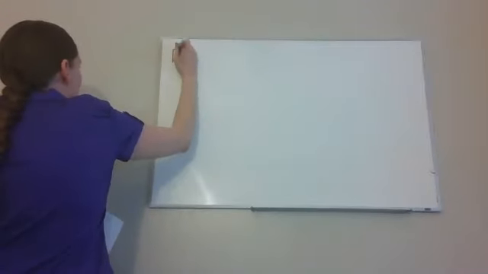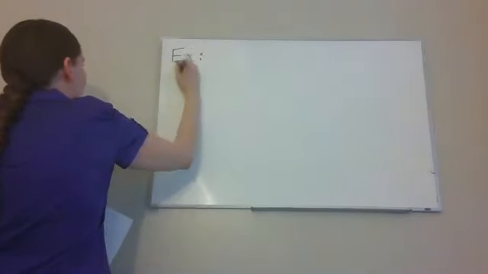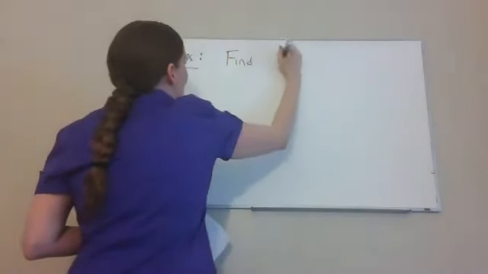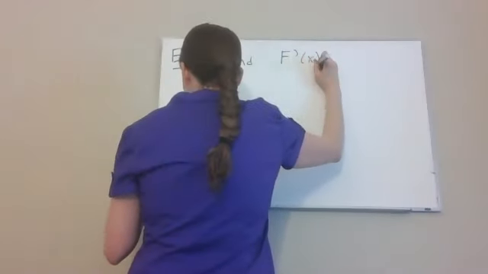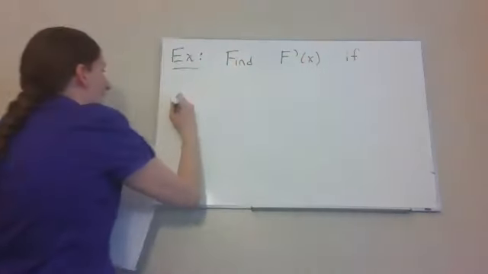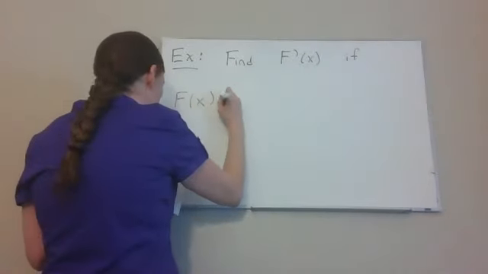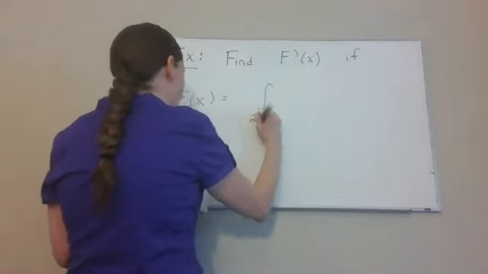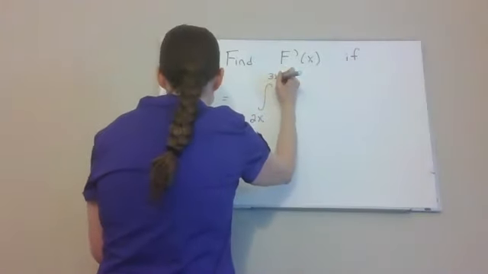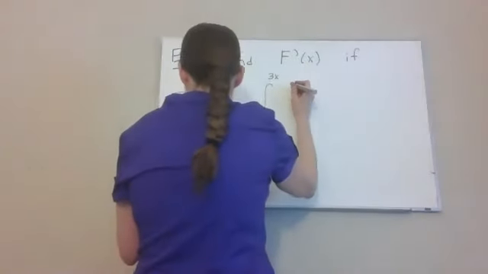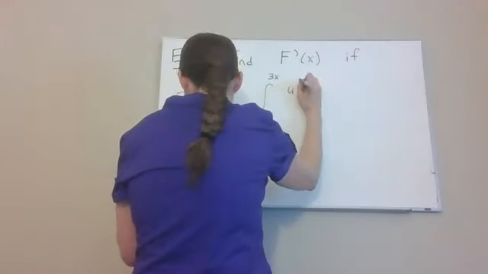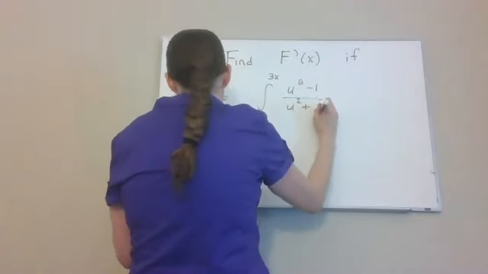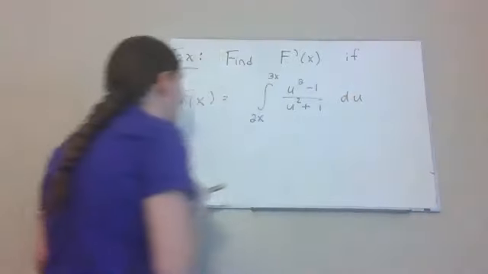Let's do one more sort of complicated example. Find f prime of x if f of x is equal to an integral from 2x to 3x of u squared minus 1 over u squared plus 1 du.